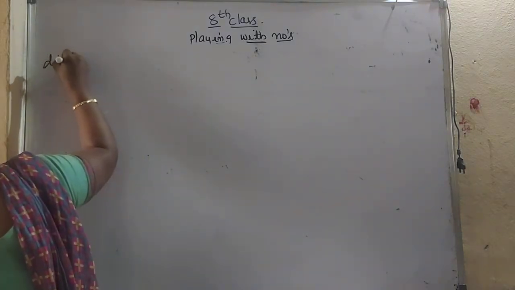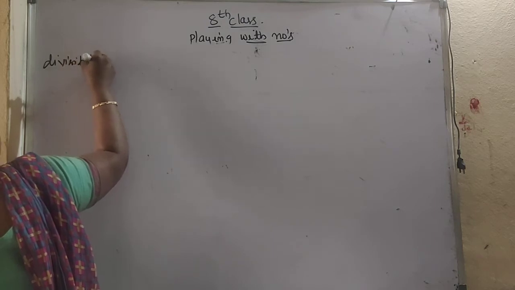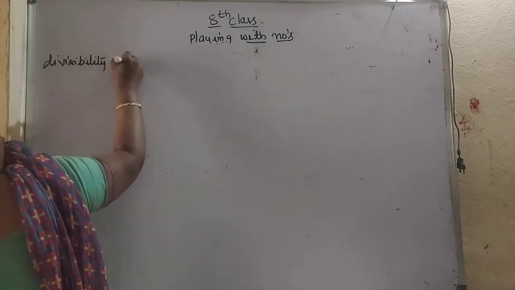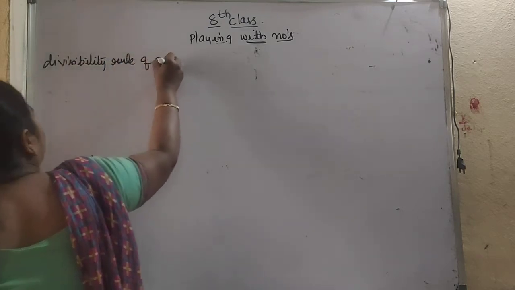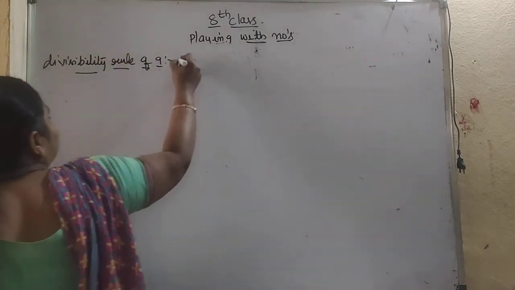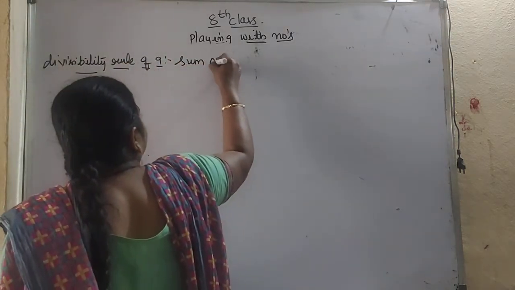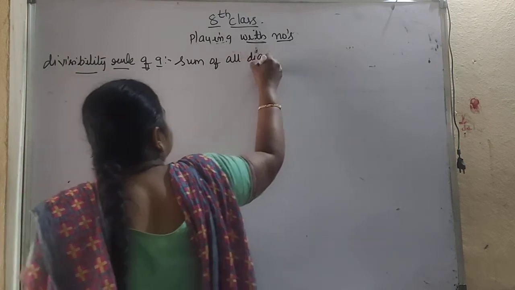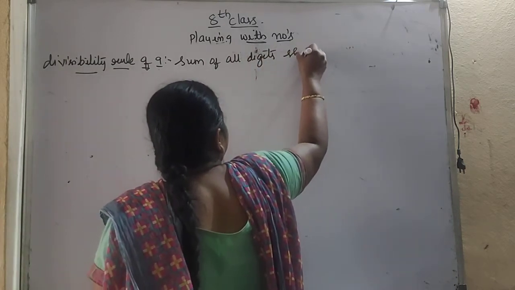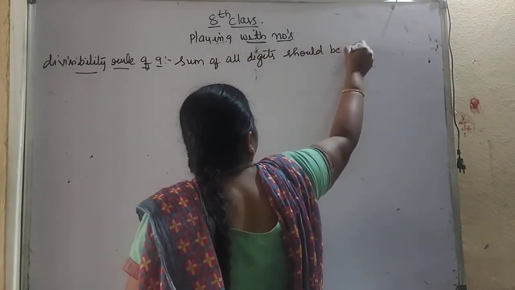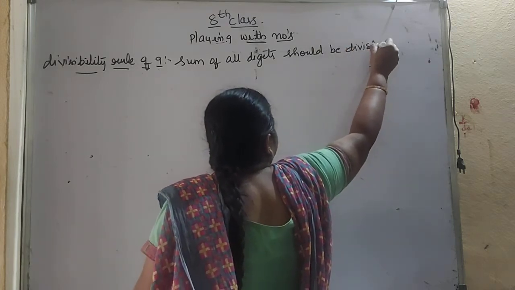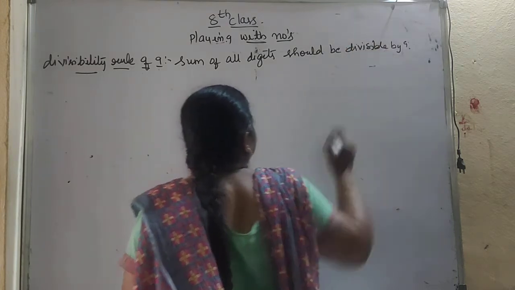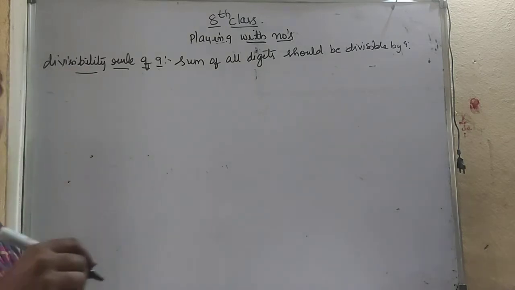So the divisibility rule of 9: the sum of all digits should be divisible by 9. That means the result should be divisible by 9.